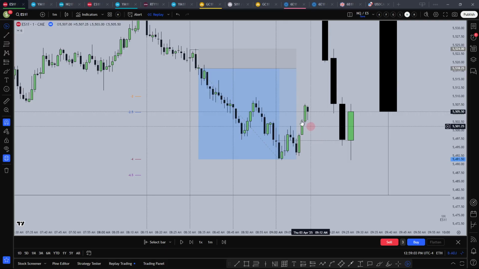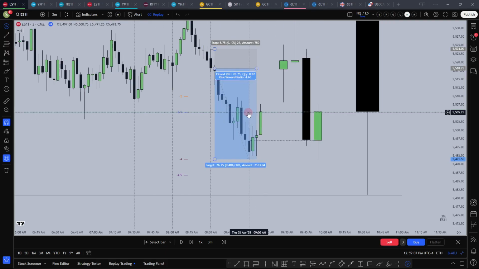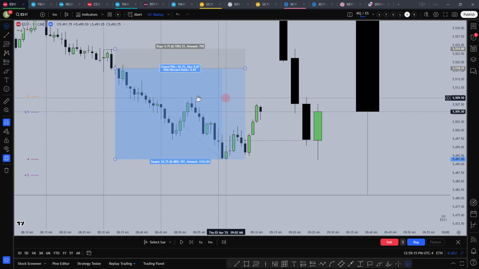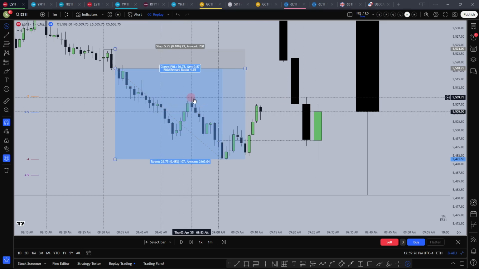And where would my trailing stop have been? At this high. Why this high? 8:45 open high, established high over 8:45 OHLC. 8:45 open high, immediate displacement away.